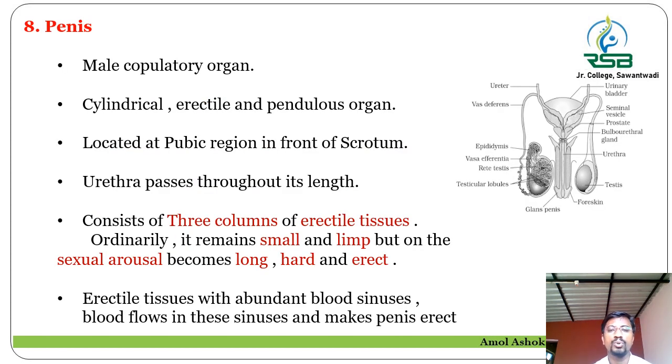Then let us come to know the last and most important feature in the male reproductive tract, that is the penis. Here it is, the penis. The penis is the male copulatory organ. Generally it is a cylindrical, erectile and pendulous organ which is located in the pubic region in front of the scrotum.